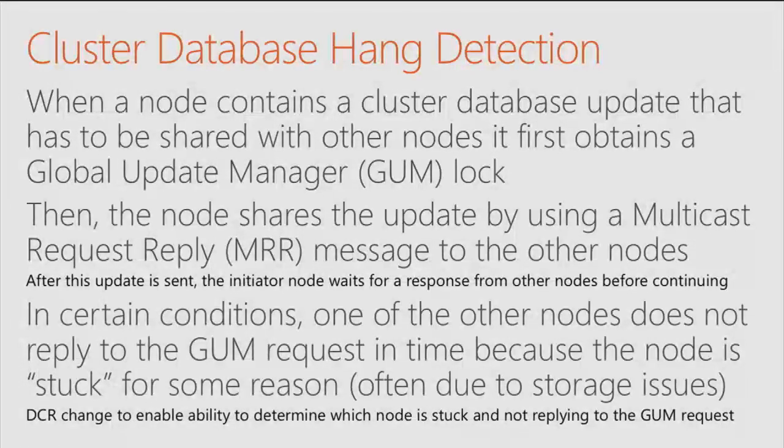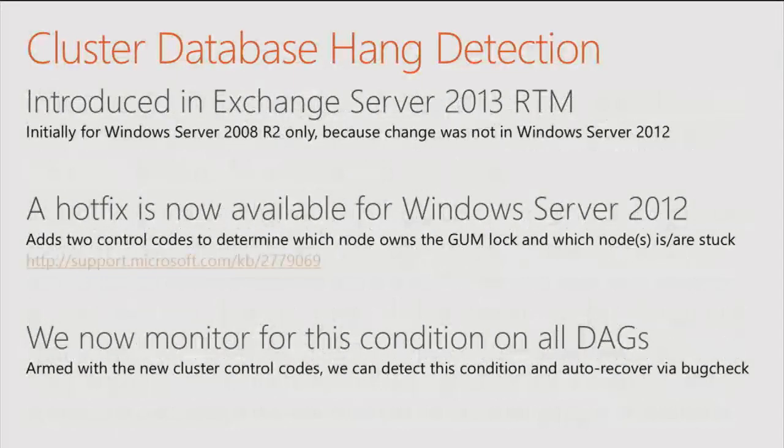So what's happened is we went to the Windows team, and the Windows Failover Cluster team put in a design change request for us, and they introduced 2 new cluster control codes. One of them is there to tell us which node has the GUM lock, and the other one is there to tell us which nodes are stuck, if any. It's usually one or more than one.